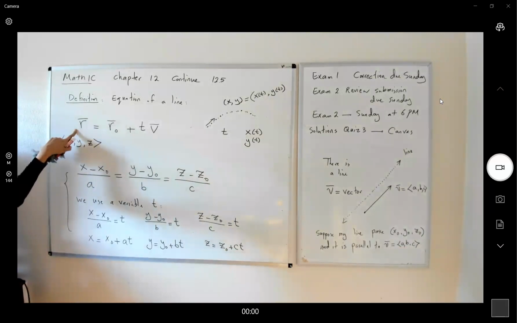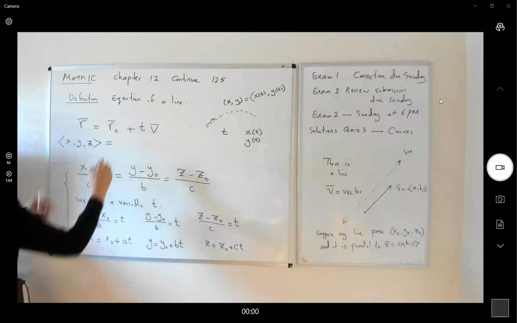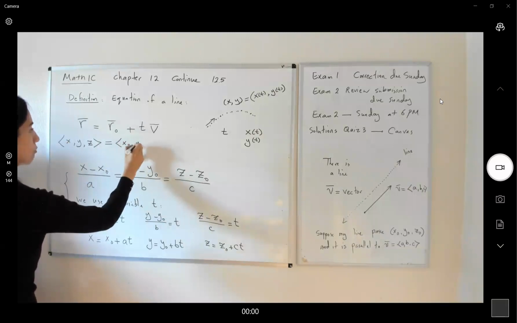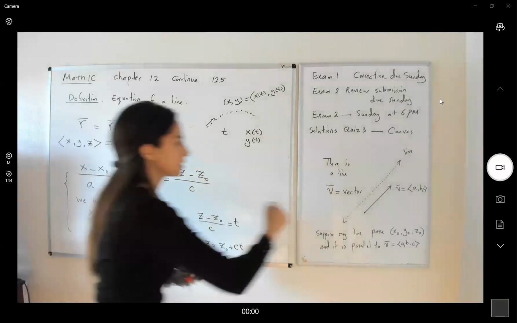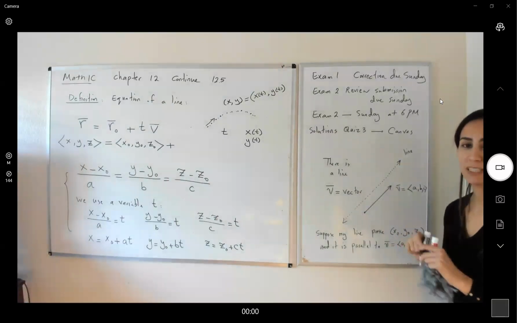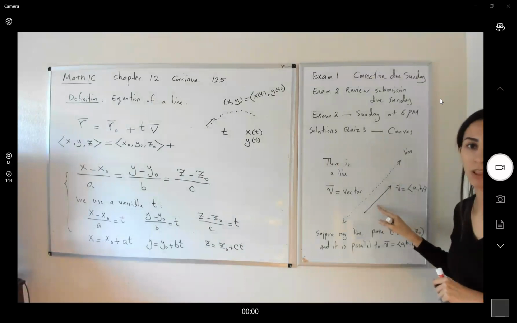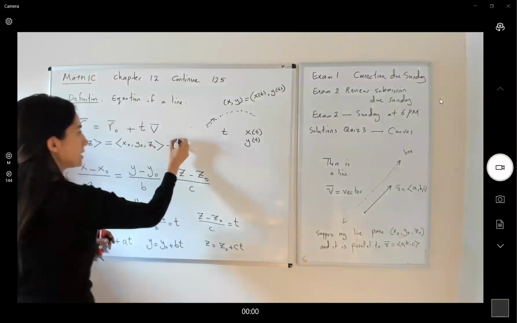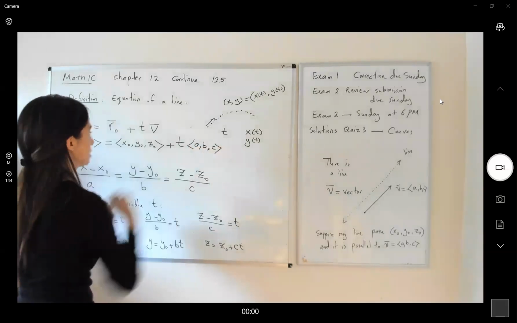So vector R includes components X, Y, and Z, which is equal to R sub 0, the initial point, initial vector (X sub 0, Y sub 0, Z sub 0), plus, since it's parallel to this vector, the slope of the line is a multiple of this directional vector. So T as your variable times (A, B, C).